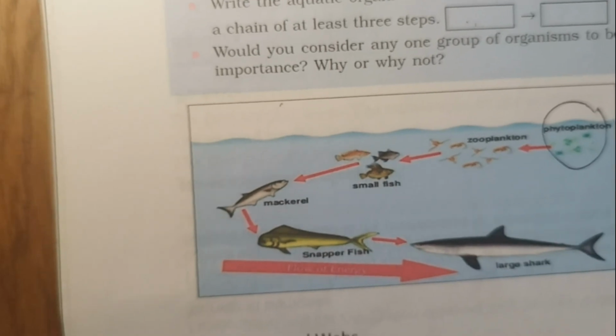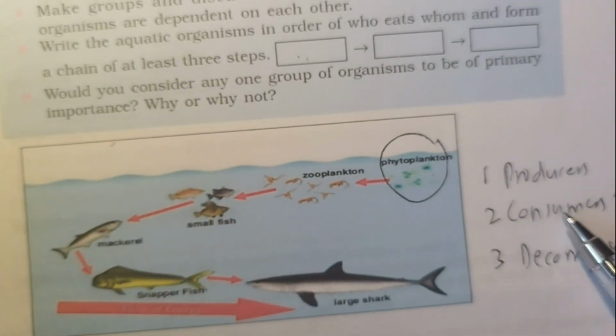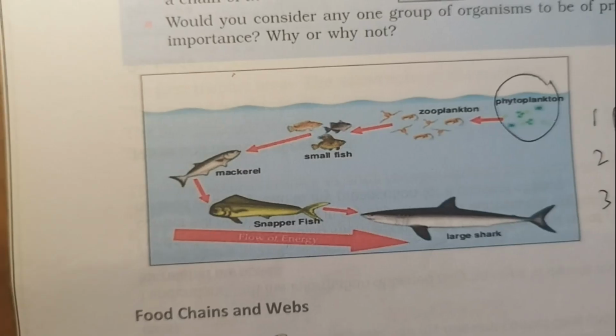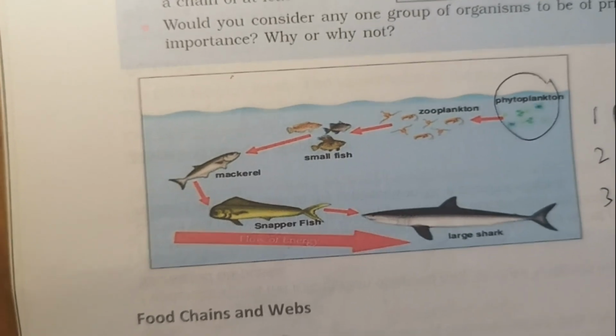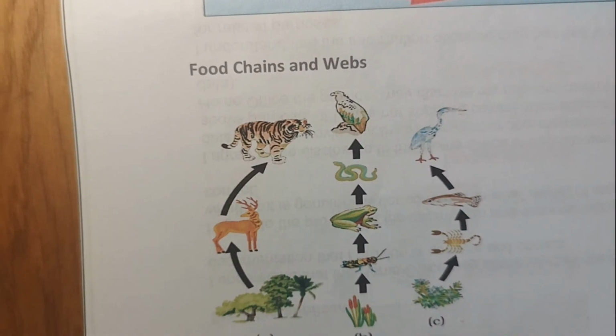So green plants, the producers, are of primary importance. I just explained to you, the green plants have the ability to capture solar energy and convert it into chemical energy, and all the other organisms, all the consumers and decomposers, will rely on green plants, and then on the smaller animals, as we have already seen, okay? So the next topic in your book is about food chains and webs.